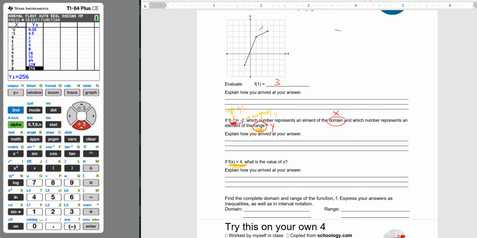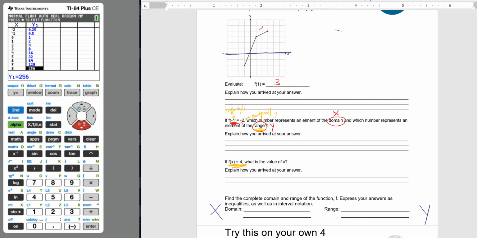Now, the domain, again, you can't forget this, is always the x's, and the range is always the y's. So we know that the domain, the x's, depends on the x-axis.